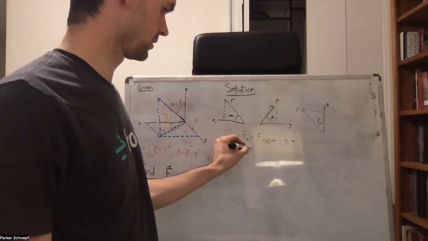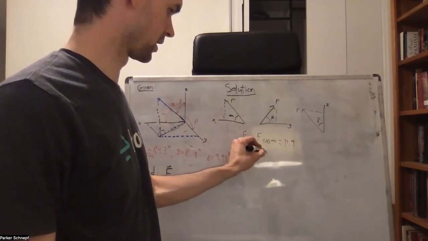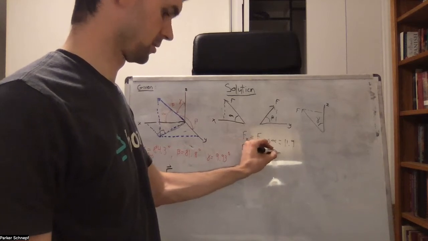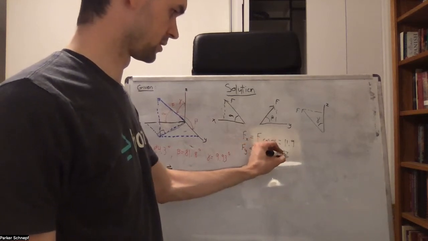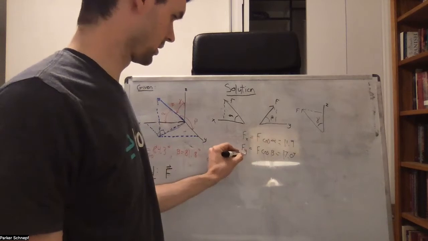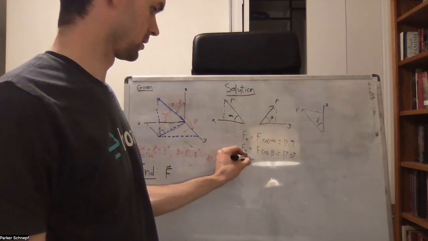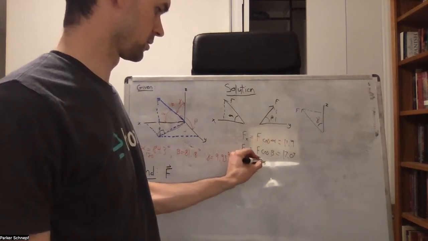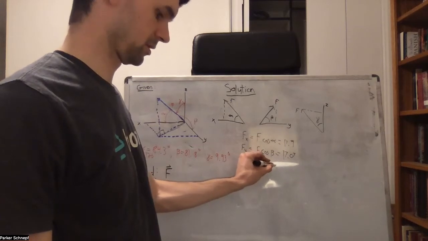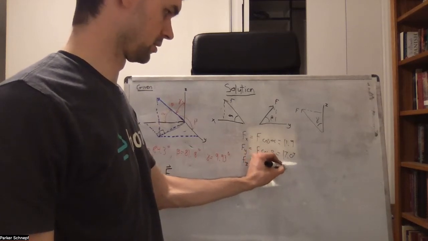F of y is going to be f cosine beta, which for our numbers is 17.07. And f of z is f cosine gamma, which is 118.2.